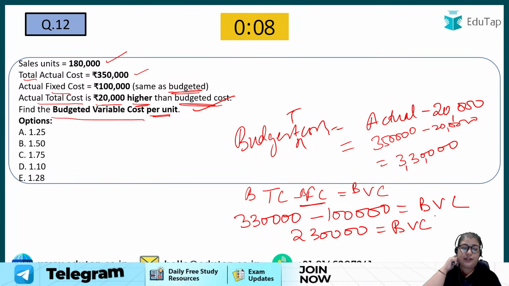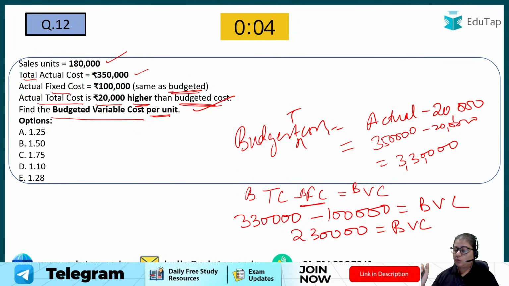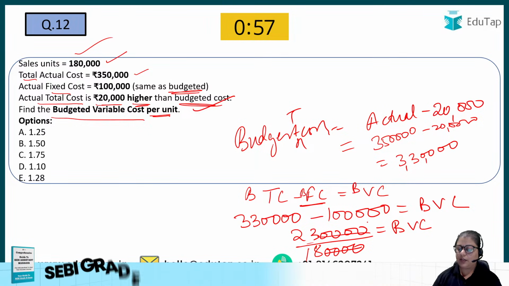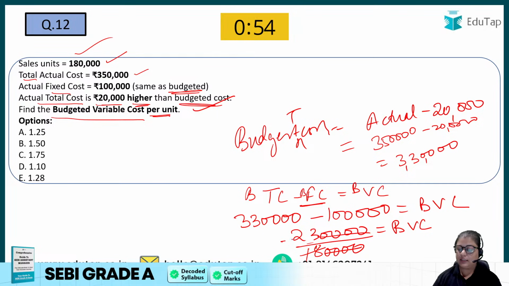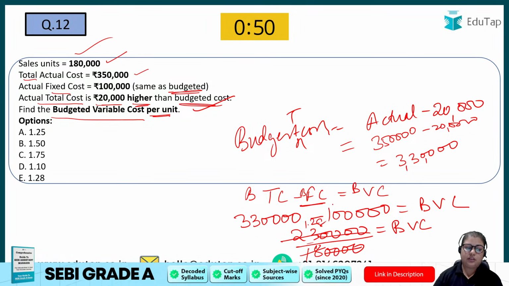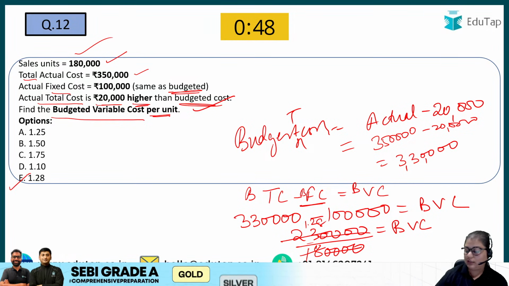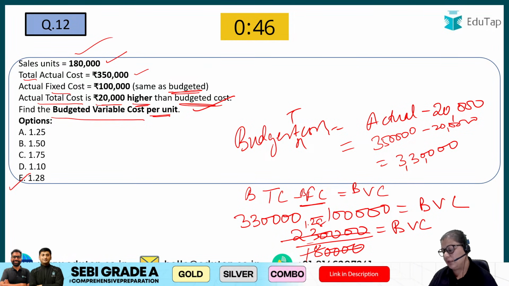Now I have to find out the budgeted variable cost per unit. So I will divide this by the sales unit, that is 1,80,000. So just try to calculate this, you will get the answer. This is 1.28. So this is 1.28, that is the option E, or 1.27.